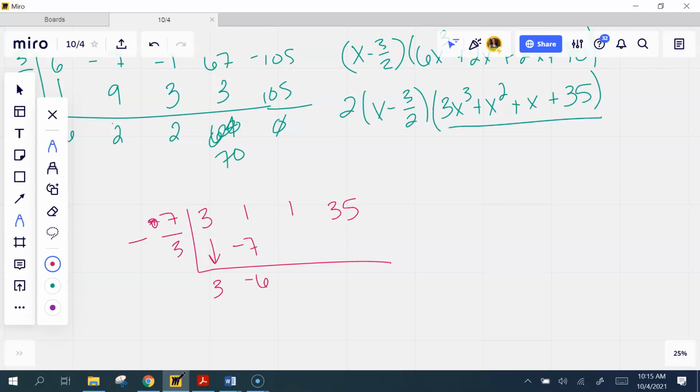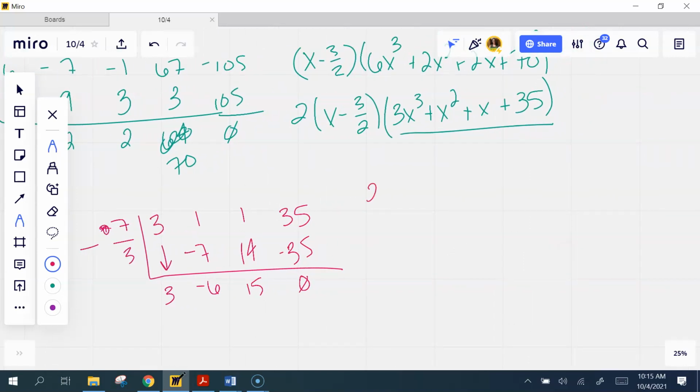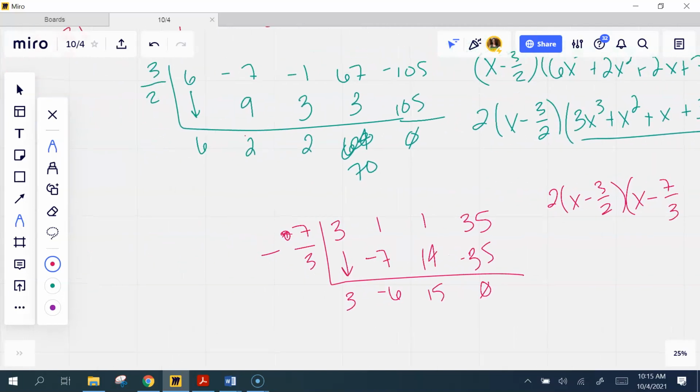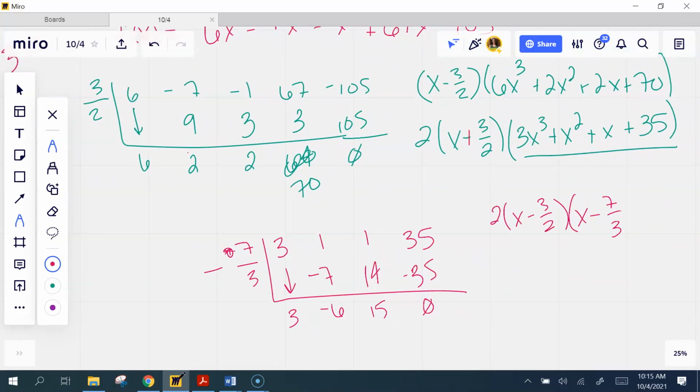A negative and a negative is a positive, so 6 divided by 3 would be 2, and times 7 would be 14, and 15 would be 5. Yes, it works. So now I have 2 times x minus 3 over 2 times x minus 7 over 3. This is a plus, y'all.